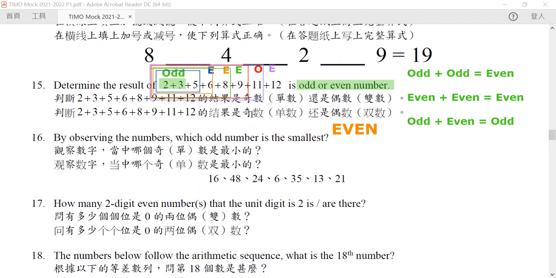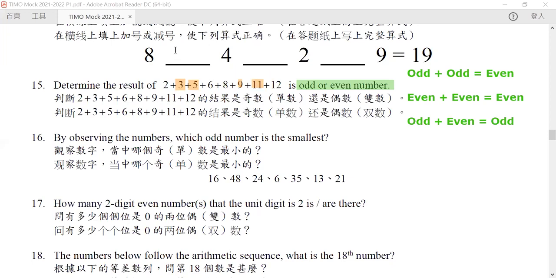Now another way to finish this question is for you to count how many odd numbers are here. You can see that our 3, 5, 9, and 11 are odd numbers. So they sum up into an even number.